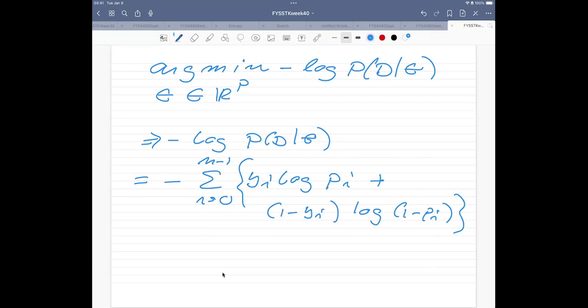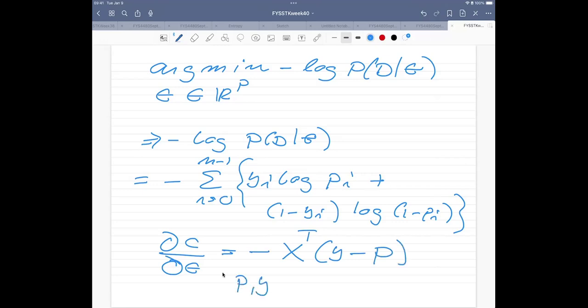Then what we did was to calculate the gradients. So we calculated the gradients, and then we took dC of d theta. And this gave us minus the design matrix X times a vector, y minus p, where y contains the target values and p the probabilities. So p and y are vectors of length n, so they have n elements.